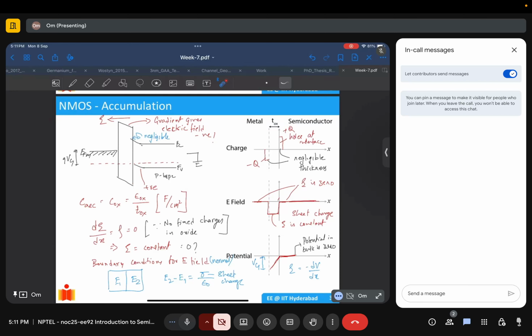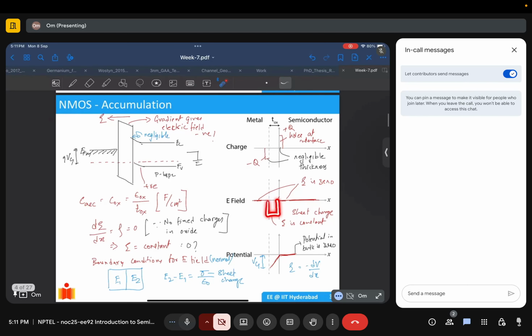So this is a p-type substrate. If you see this charge diagram, you have a negative Q here and a positive Q here. This is due to the holes at the interface. And the electric field is something like this. That is a constant electric field in the oxide, and it's 0 throughout the semiconductor. And this is how the potential diagram will look, which is almost the opposite of this.